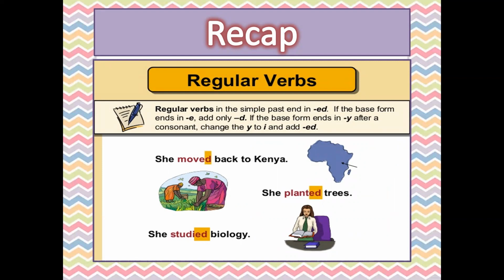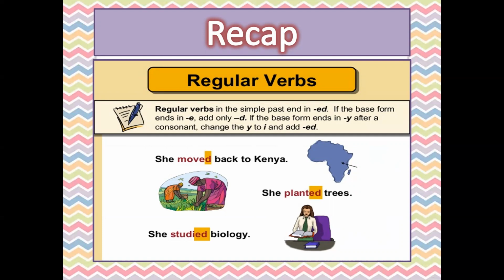Then, if the base form ends in the letter Y after a consonant, remember this, then we change the Y to I and add ed. Let's see the examples. She moved back to Kenya. We added D here as the last letter was E.